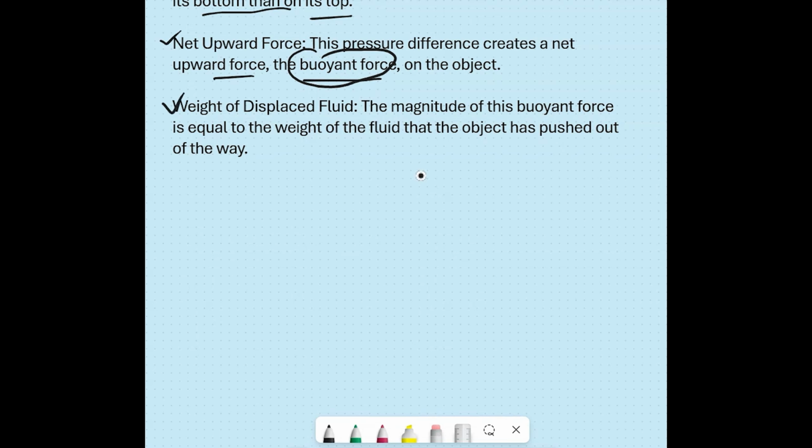And the third point is weight of displaced fluid. The magnitude of the buoyancy force is equal to the weight of the fluid that the object has pushed out of the way. Whatever we discussed right now, these 3 points can be the extensive version of Archimedes' law.